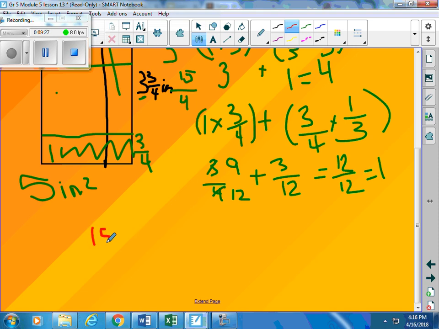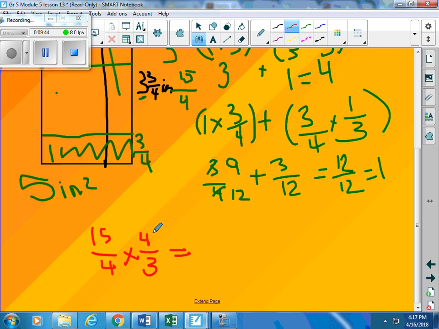So I have 15 fourths times, what was the other one? 4/3. Now, already I can see that I can cross simplify here.